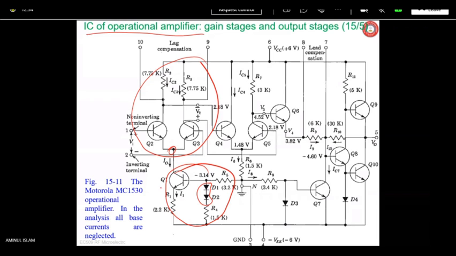But the first stage, AD1 equals to V2 by V1. V1 is this one. V2 is this potential difference between these two terminals, output terminals of the first stage. So since you have multiplied by 2, we get this equation HFE into RC.